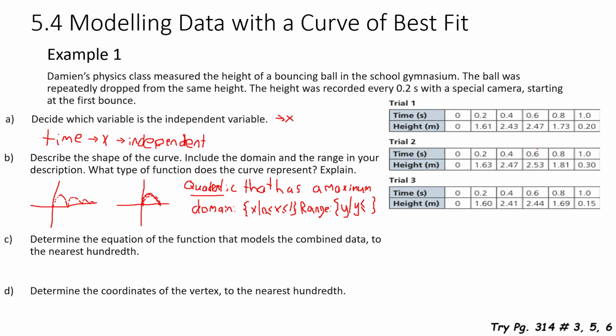Then I'll have 18 data points, and I'll go through and fill out the different points. My first 3 y values are 0, 0, 0, and then 1.61, 1.63, 1.6 for the 0.2s, and then 2.43, 2.47, 2.41, all the way down, and you should have a list of 18 values.